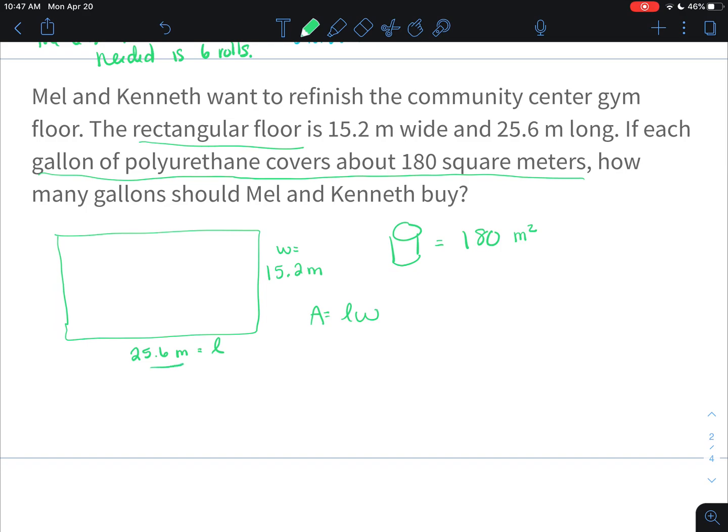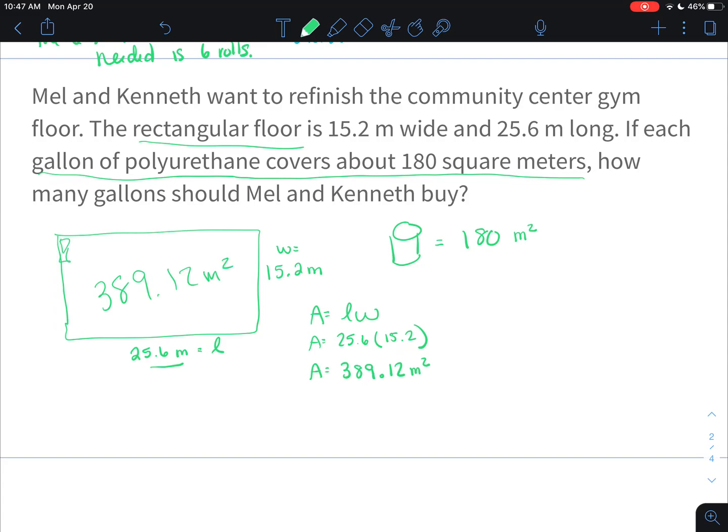So area of a rectangle is length times width. We know the length is 25.6 and the width is 15.2. So 25.6 times 15.2, and the area of your gym floor is 389.12 square meters.